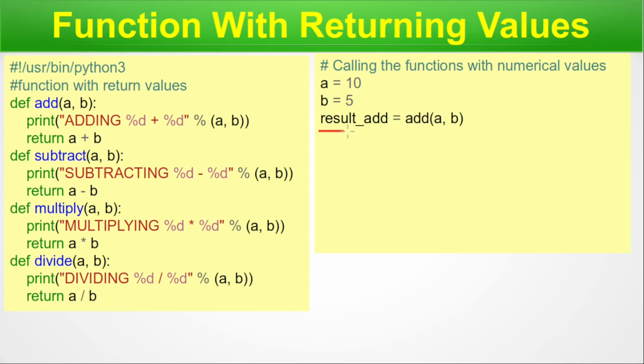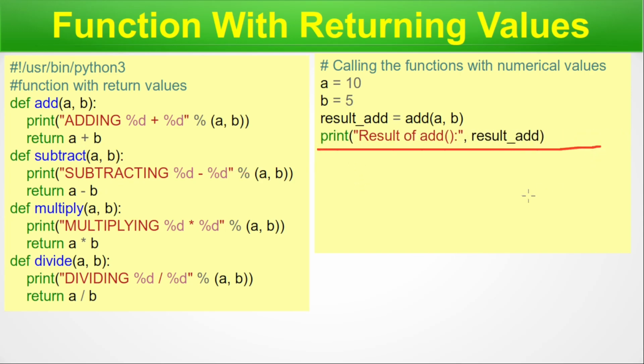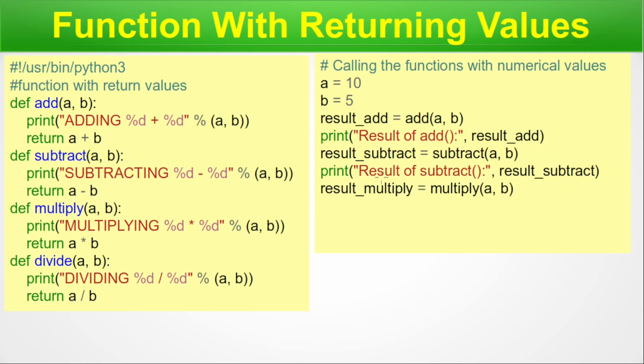Next we write result add. This is the variable where the output will be stored, and we write add a, b. Whatever is added and returned here will go into this variable. Next we print it. Again we write result underscore subtract, and whatever is returned through this statement will go to this variable. Then we print it, and again we write a variable result multiply.